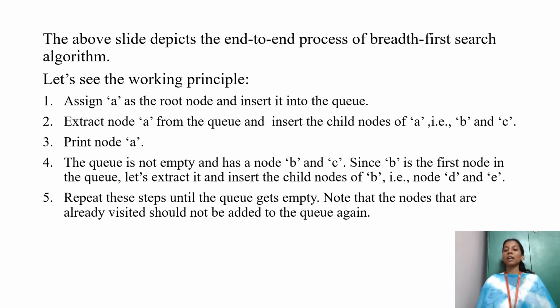If B has child nodes, we have to insert the child nodes of B, that is D and E, and we have to repeat these steps until the queue gets empty. And we have to notice that already visited nodes should not be visited again.